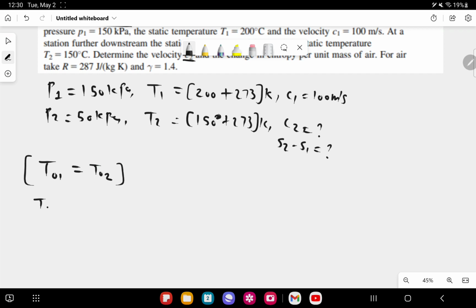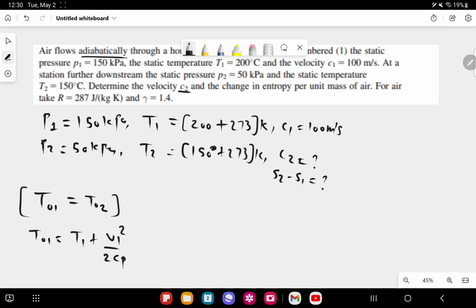Now, T01 can be written as T1 plus V1 square over 2Cp, where V1 is the velocity at station 1 and Cp is equal to 1004.5 joule per kg Kelvin for air.